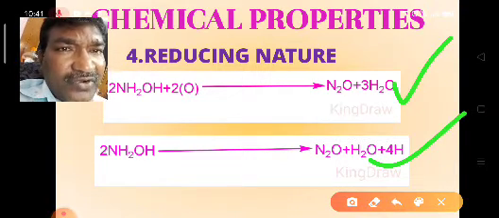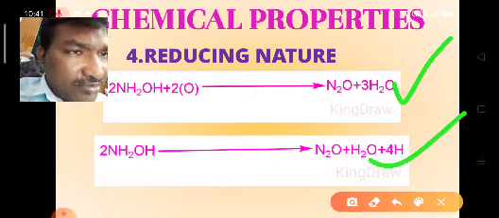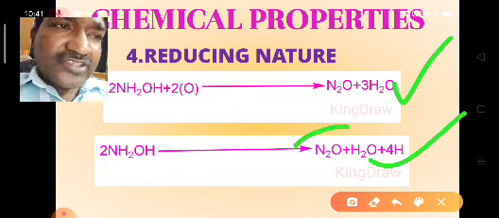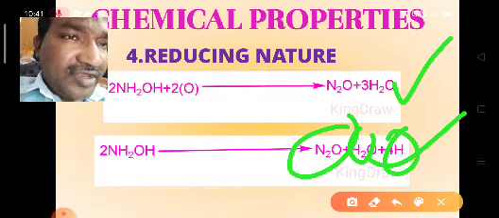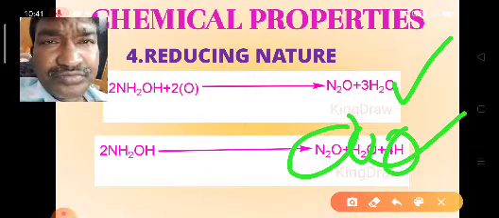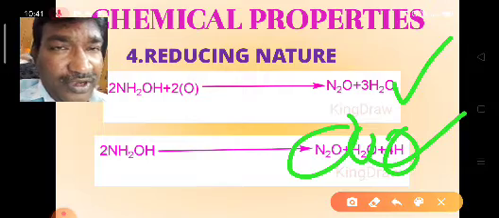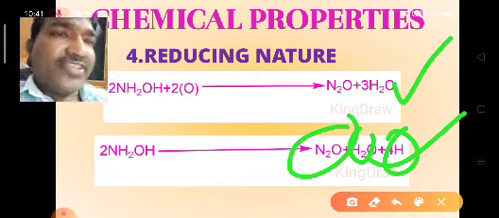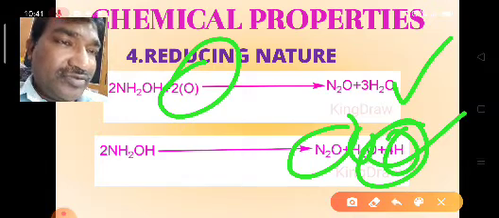And in the second type of oxidation, what happens? Hydroxylamine decomposes to give the same nitrous oxide and water, but here we are getting the hydrogen atoms, nascent hydrogen atoms. So hydroxylamine acts as the reducing agent either by accepting oxygen atoms or by giving hydrogen atoms.